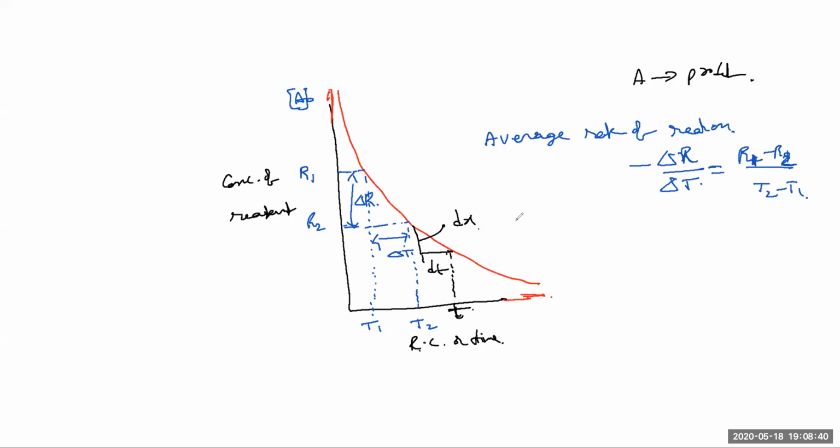That means the instantaneous rate of reaction, which is minus dx by dt. Did you understand the instantaneous rate of reaction and the average rate of reaction? Hello?